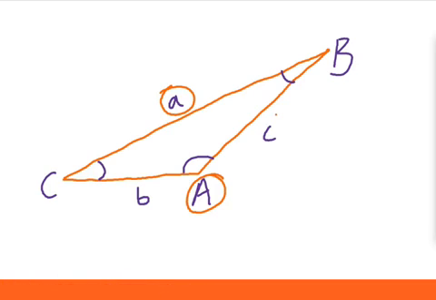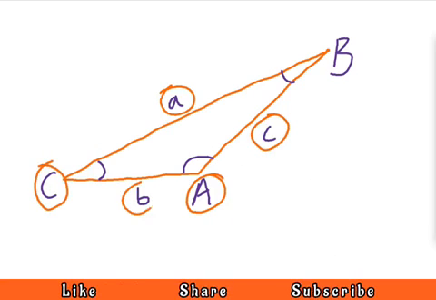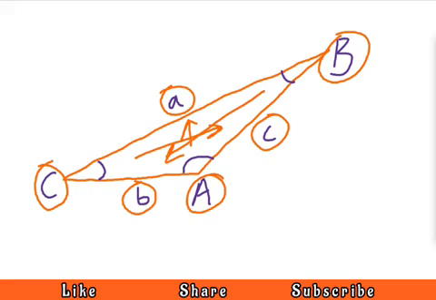The same thing happens for the other sides. That simply means the side opposite angle A is the side with small letter a. The side opposite angle C is the side with small letter c, and the side opposite angle B is the side with small letter b.